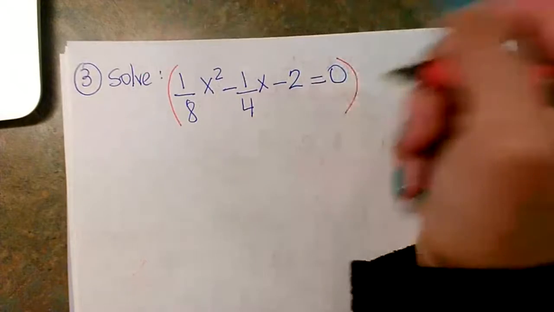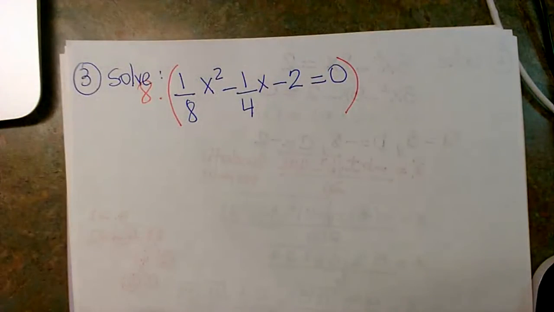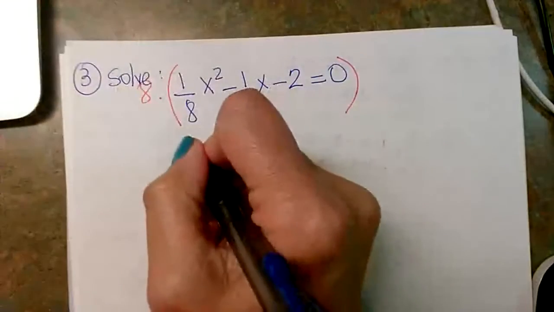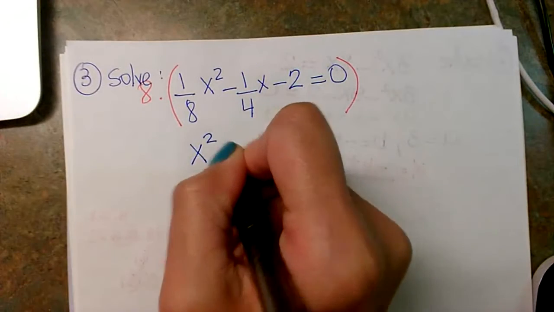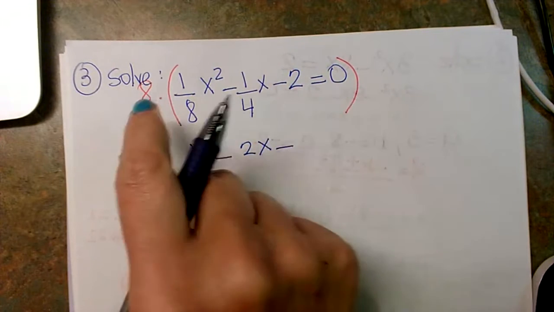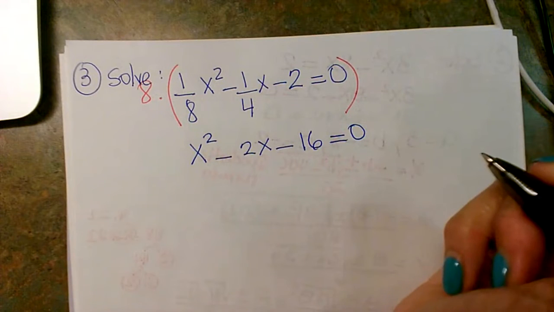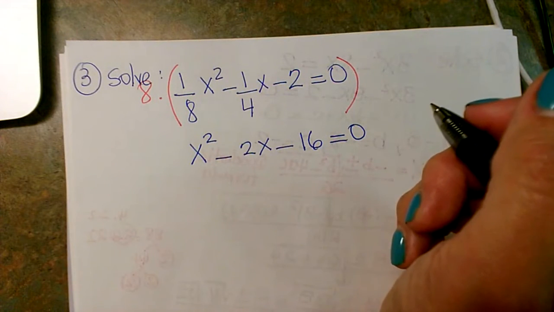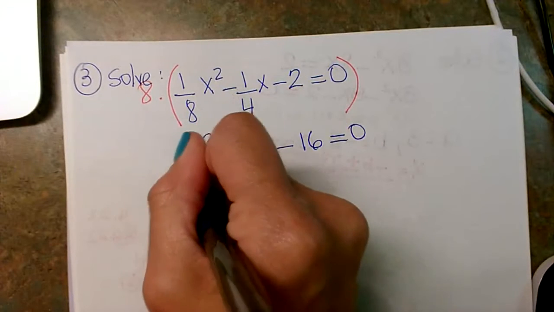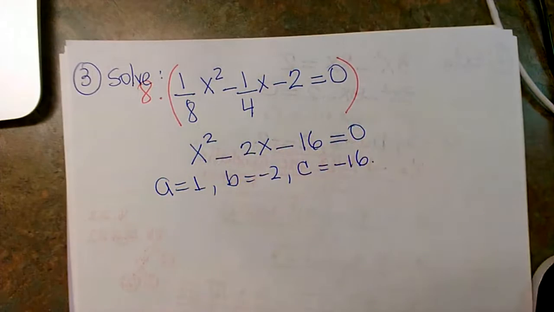I'm just going to take everything and multiply by 8. So what do I get? Just by 8, this is going to be x squared. 8 divided by 4 is 2x. 8 times 2, 16 equal to 0. Right? Now I know A is 1, B is negative 2, and C is negative 16.